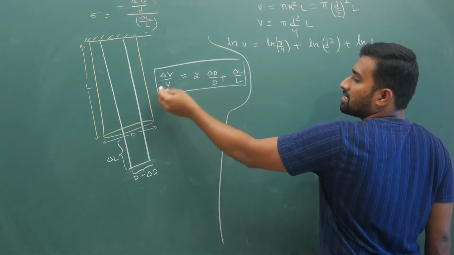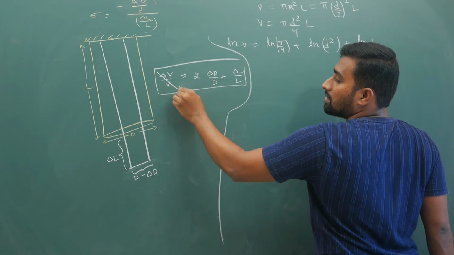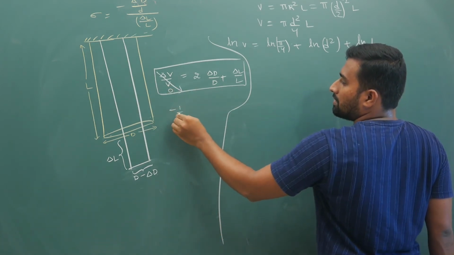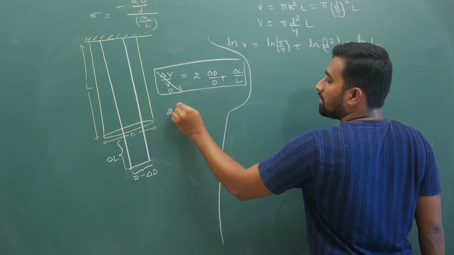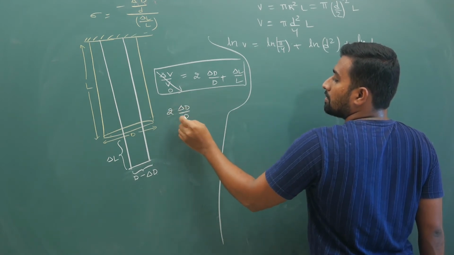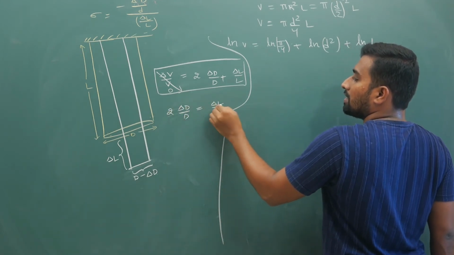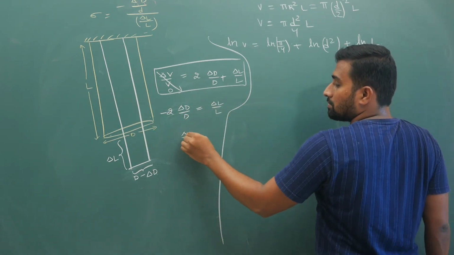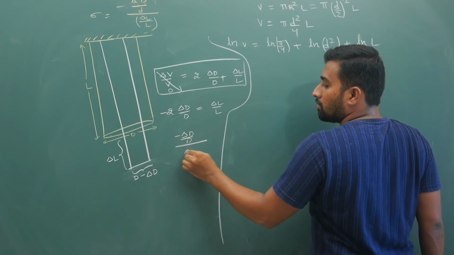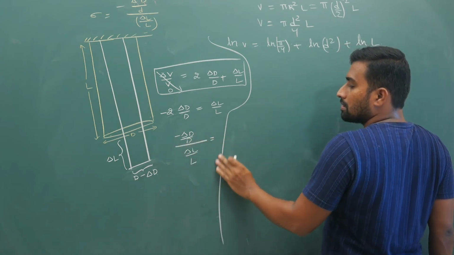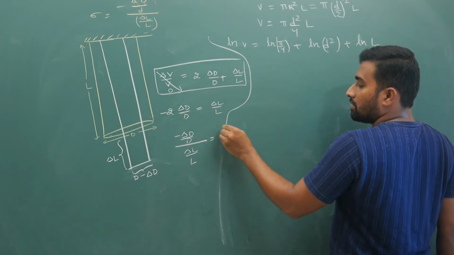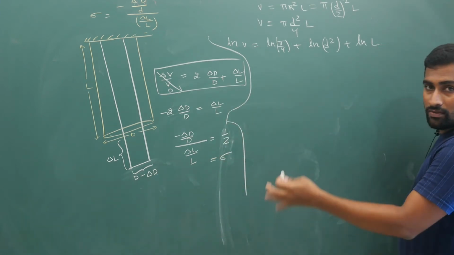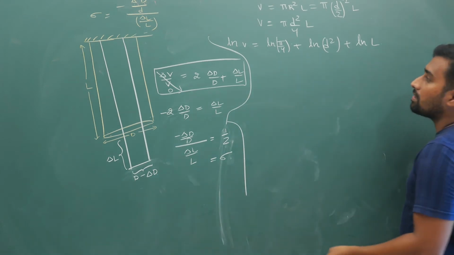Here when the wire is expanding like this, your volume is constant, so this term is going to become 0. So minus 1 by 2 times delta d by d is equal to delta L by L with a minus sign. Rearrange the terms: minus of delta d by d whole divided by delta L by L will give you 1 by 2. So 1 by 2 is your Poisson's ratio when your volume is actually remaining constant.